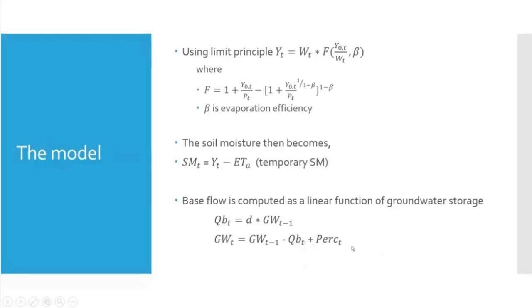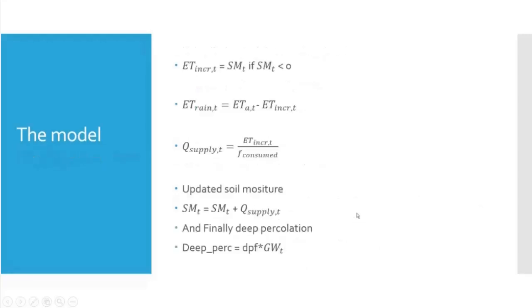And when the soil moisture is less than zero, that means when we have blue component of evapotranspiration, we need a supply of water to satisfy that. And we can compute that supply, Q supply, as the blue component of evapotranspiration divided by the consumed fraction.